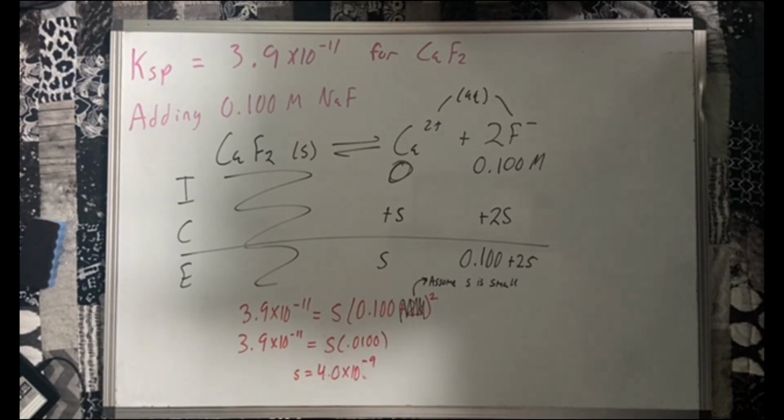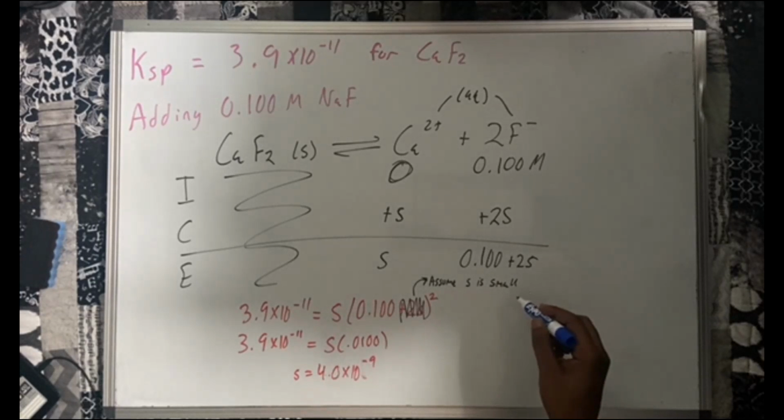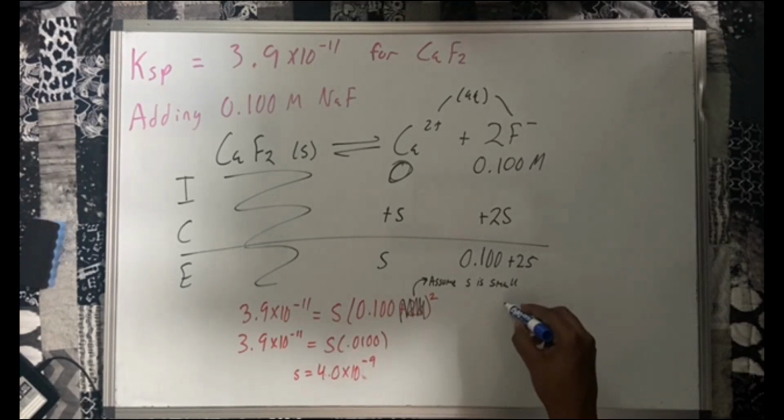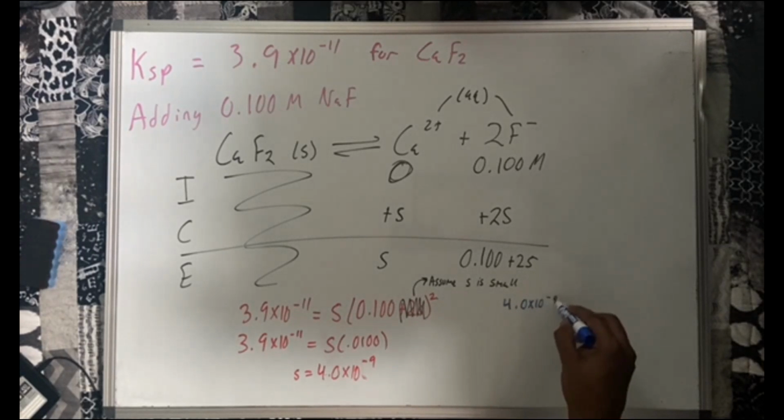But again, we have to check it first. We have to make sure that's valid, right? So I take S, my 4.0 times 10 to the negative 9 divided by 0.100, right?